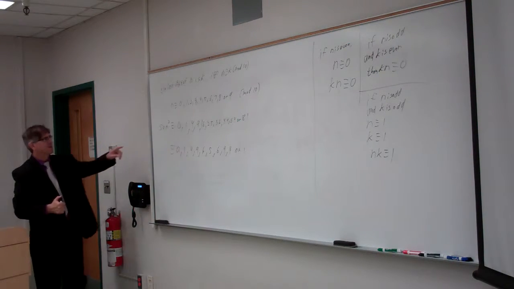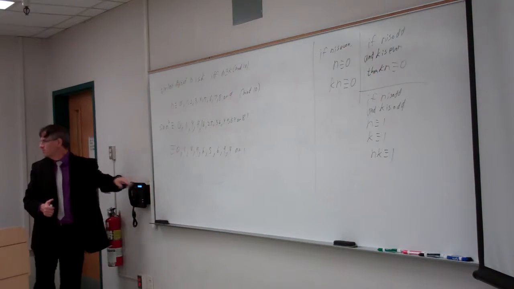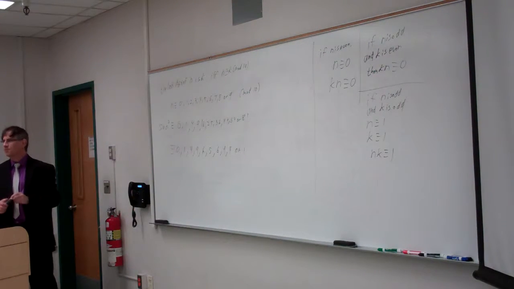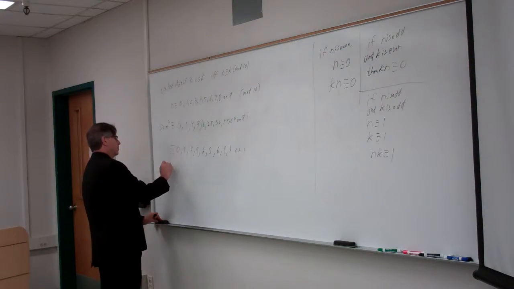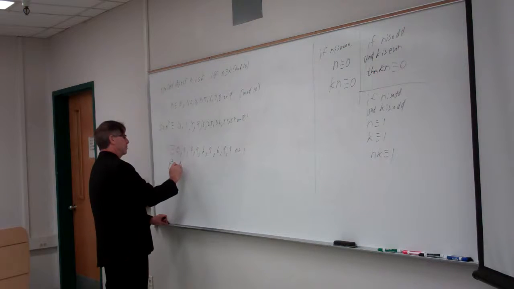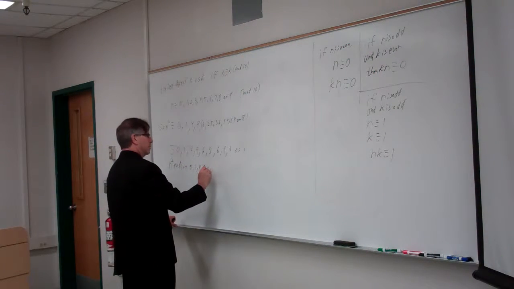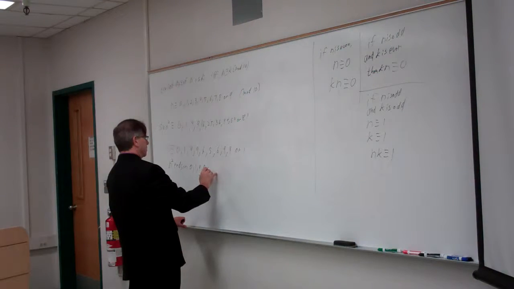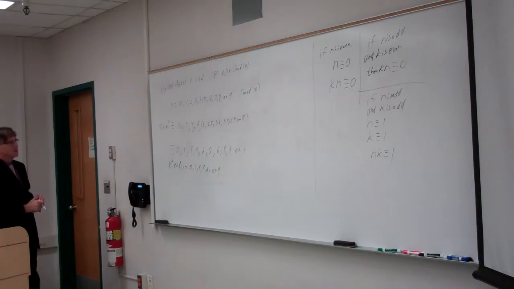Meaning that the square of any number must end in one of these digits, because it's congruent to one of those quantities modulo 10. So n squared must end in either 0, 1, 4, 5, 6, or 9.